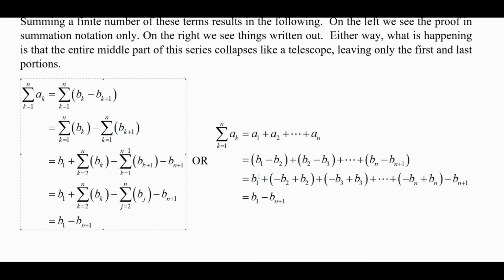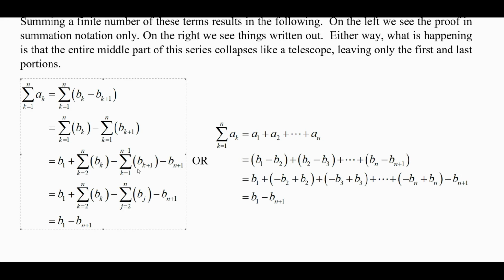That would be like adding up the positive ones here, the b2, the b3, the b4, up to bn. And then we split these off, grouping the positive and negative parts together. So the negative parts here are the sum from k equals 1 to n minus 1 of b sub k plus 1, minus the one at the end, which is b sub n plus 1.